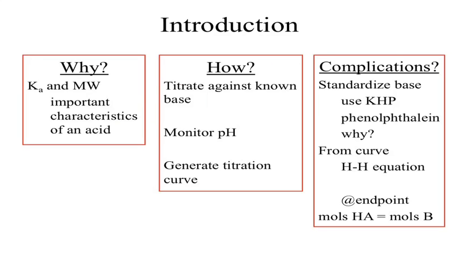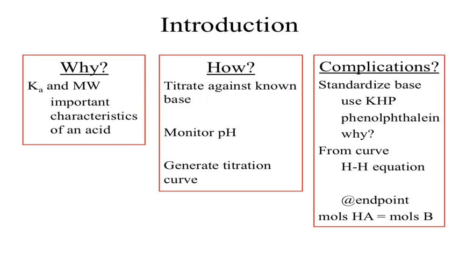Before we can do that, we need some way to evenly add the base. How could we add the base? Drop the base. Right. We could measure it by hand, in very small solid amounts, but that gets tedious. Or we could do it in a liquid form, in solution.